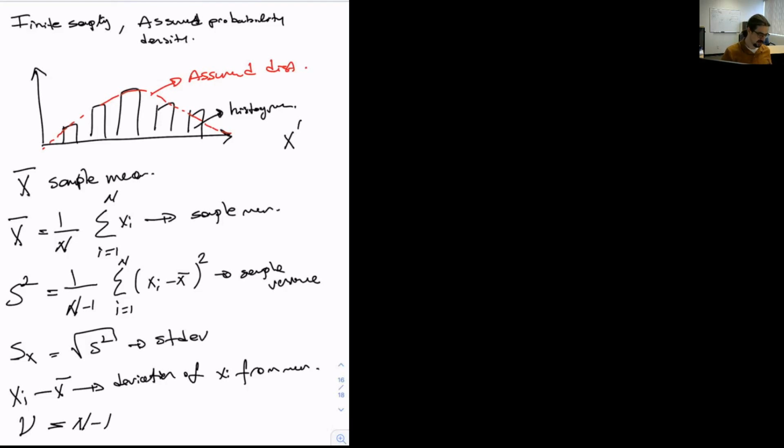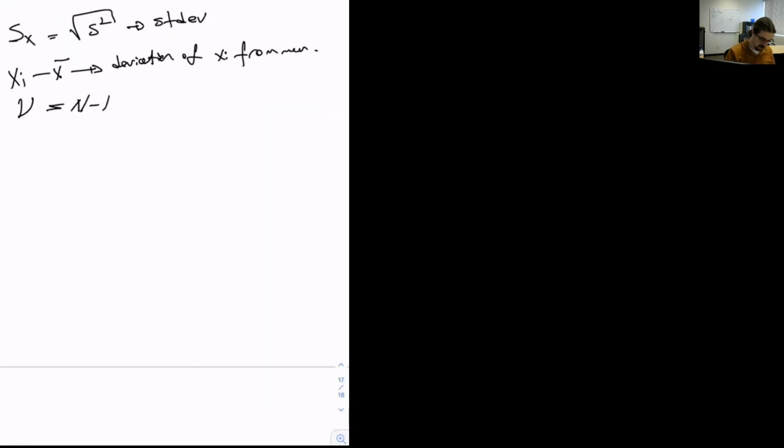So let's define a couple of things. One, the data set is unknown. We don't know what x naught is. So this is now unknown, because we don't have access to the entire data set.